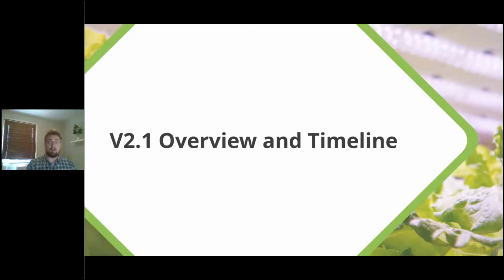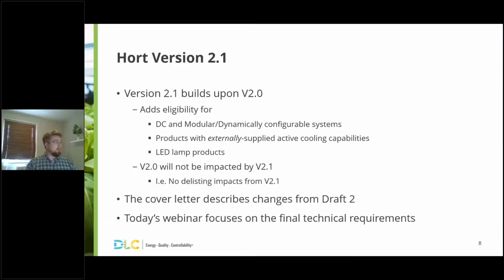All right, now I'll go ahead and cover some of the 2.1 overview and timeline information, if you're not already familiar with it. As we mentioned in the Draft 1 and Draft 2 release webinars, I just want to clarify and reiterate that version 2.1 does not impact version 2.0 listings, and all it is intended to do is add eligibility pathways for new product types, like DC and modular or dynamically configurable products, or products with externally supplied, actively cooled capabilities, or certain LED lamp replacement products.